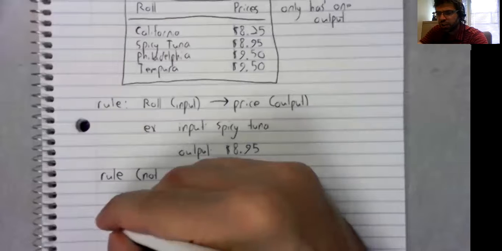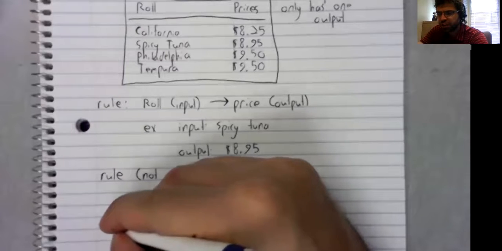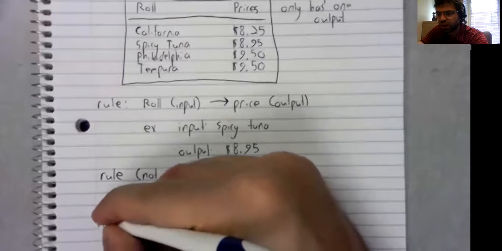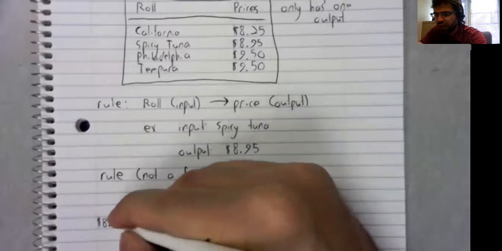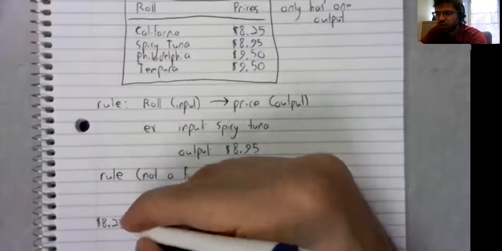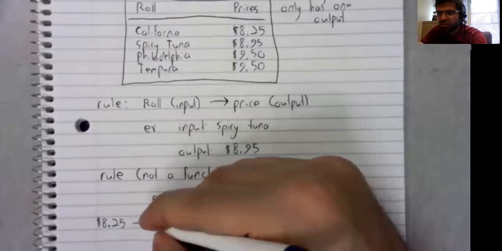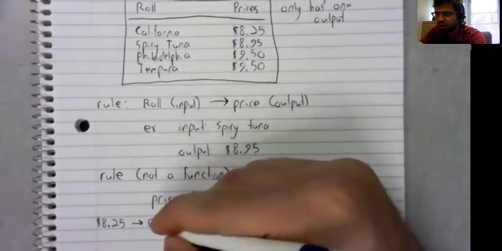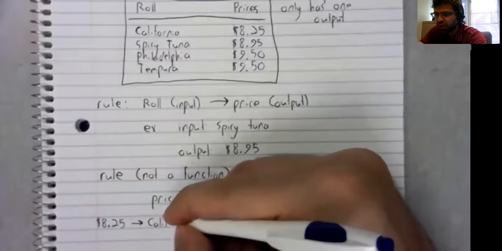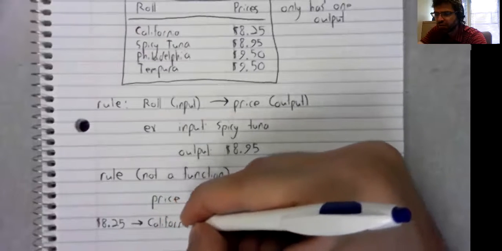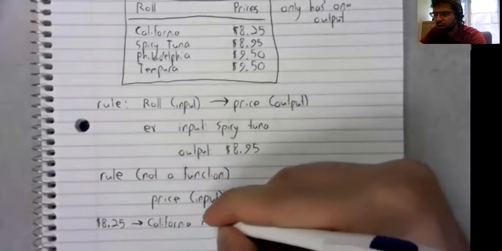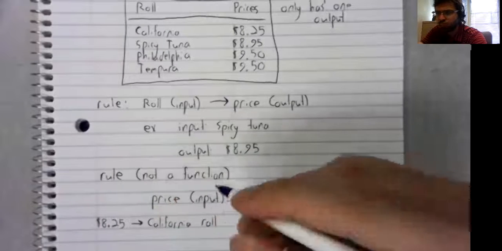So initially, everything seems fine. If you paid $8.25, you must have ordered a California roll.